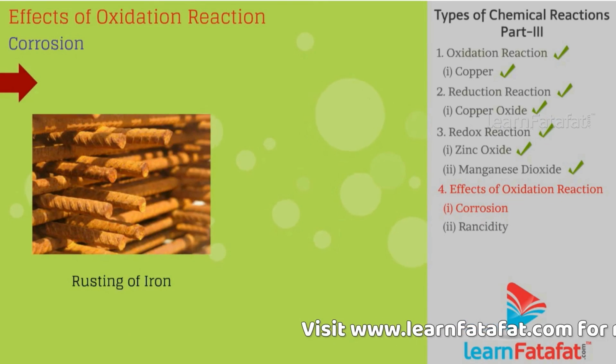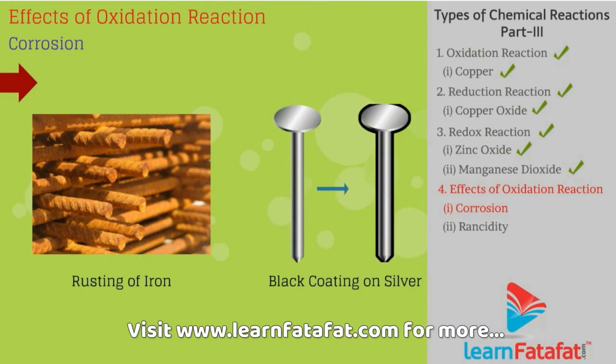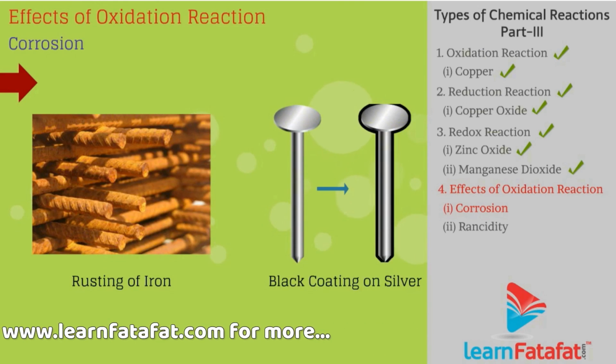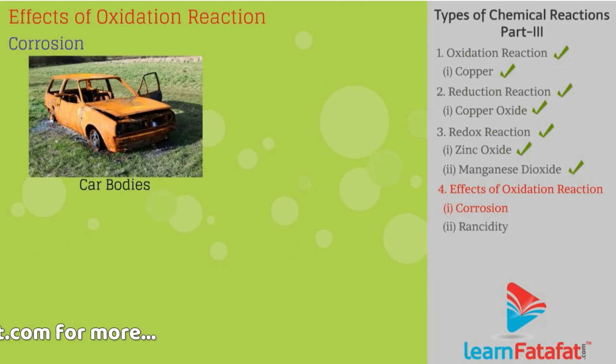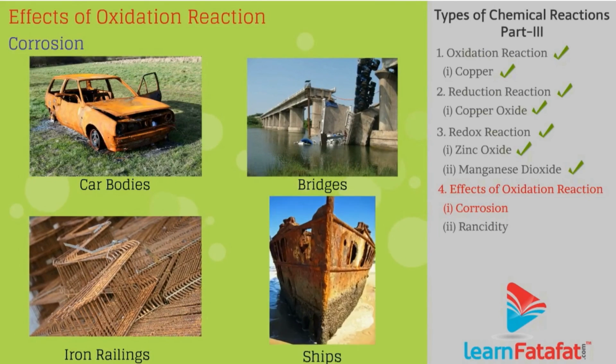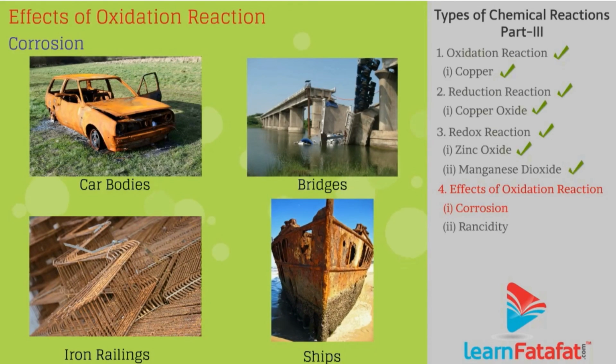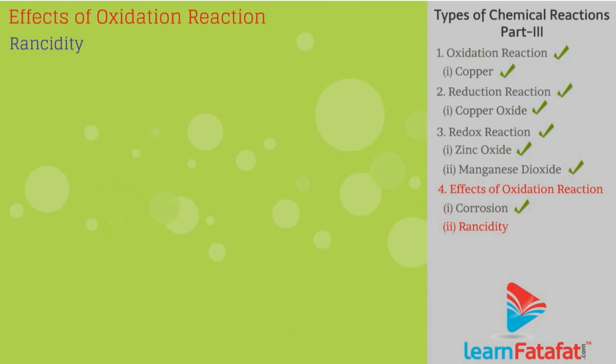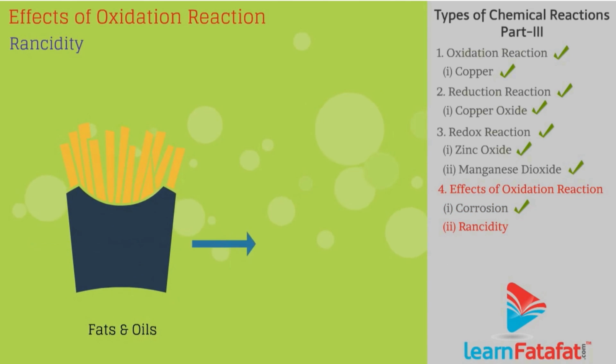Example, rusting of iron, black coating on silver. Corrosion damages car bodies, bridges, iron railings, ships, metal materials, especially made of iron. Second, rancidity.